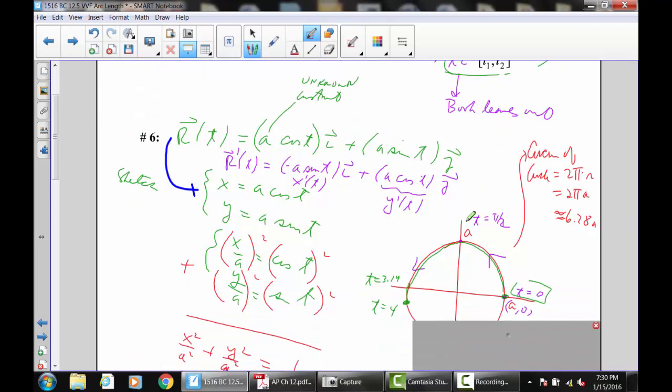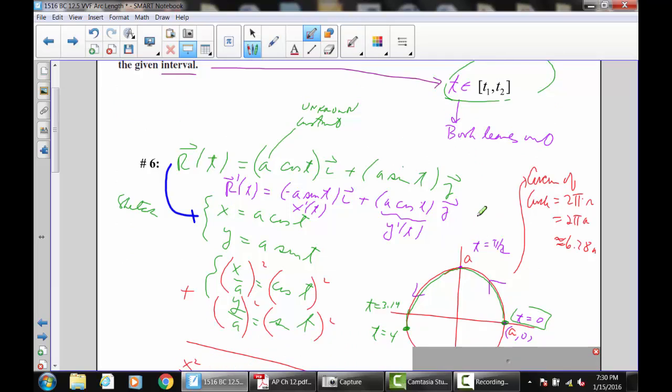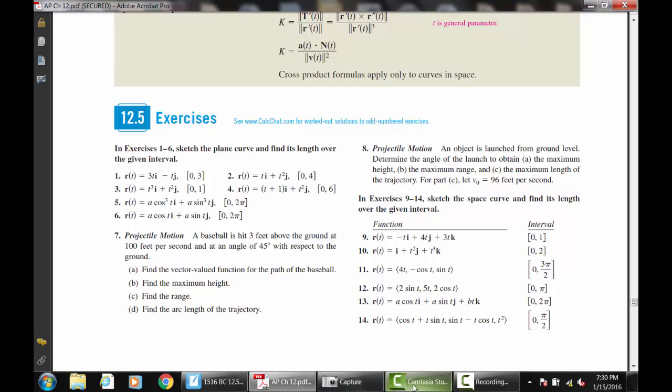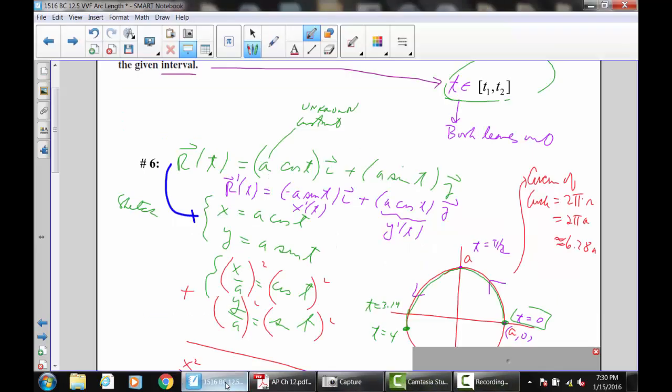Well, the arc length in this case, really, oh, I forgot to give you, let me look at that actual example. Number 6 is 0 to 2 pi. Oops, back over here. So, in our case, I should write this down, 0 to 2 pi. Whoops, sorry about that. I have no idea why it just did that. Oh my, it's not behaving well at all, is it? Okay, that's a 2. It doesn't like me to write that.